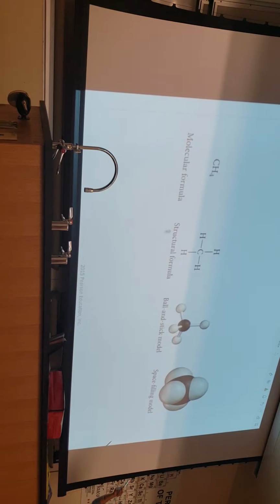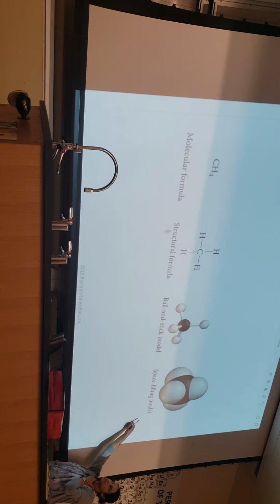Ball and stick model, this one gives you a three-dimensional representation, because remember, these atoms, these molecules, they're not flat, right? They're three-dimensional. So the shape plays a big role. The geometry plays a big role in chemistry. Math does, and regular algebra, but geometry plays a big role. Space filling gives you a much more accurate depiction, because this is relative to size.